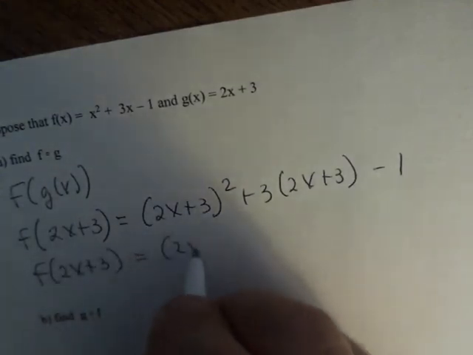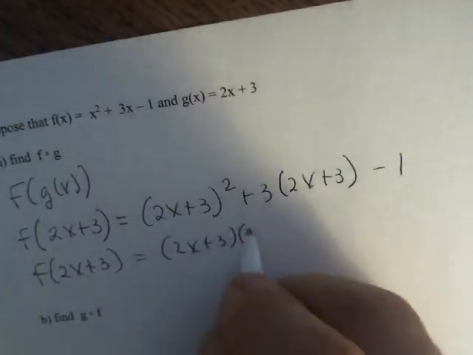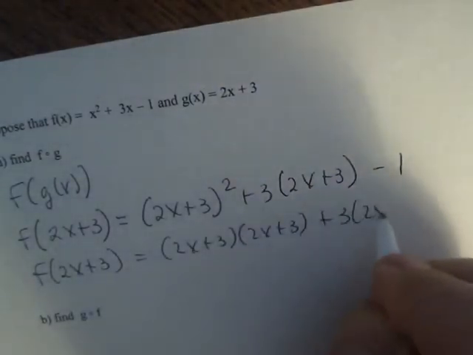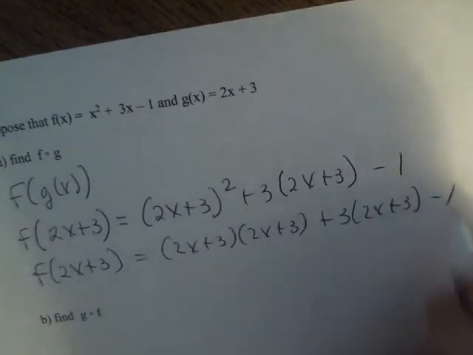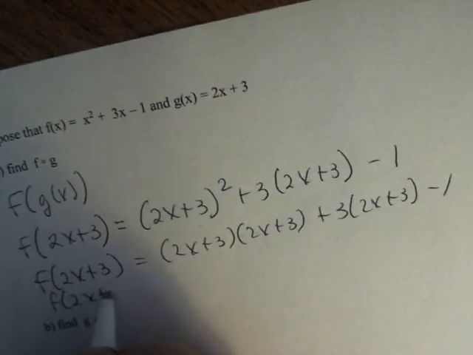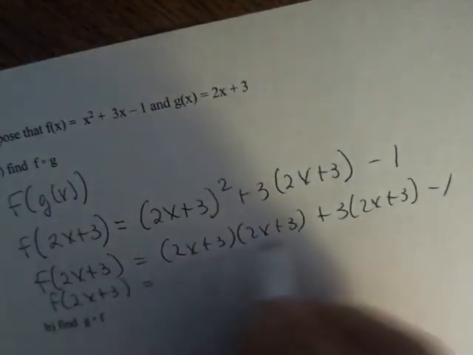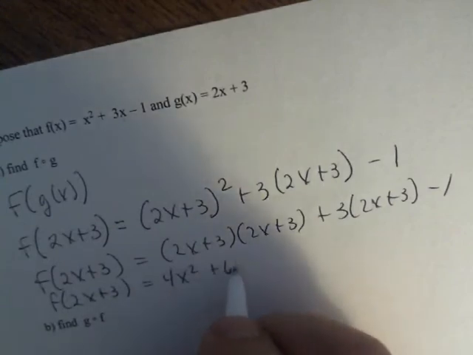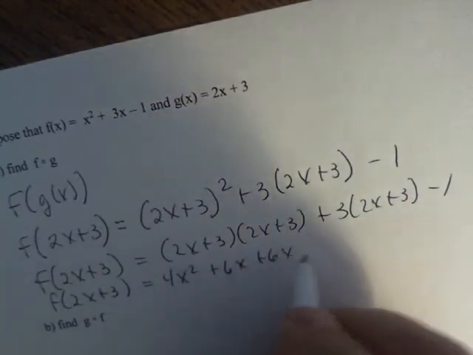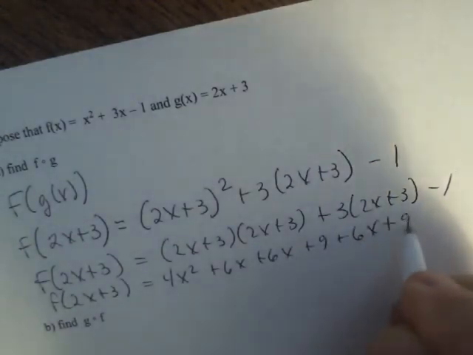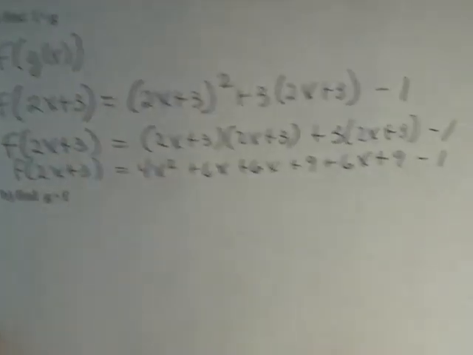So when we square something, we multiply it by itself. Use your FOIL method. So you get 4x squared plus 6x plus 6x plus 9 plus another 6x plus another 9 minus 1.